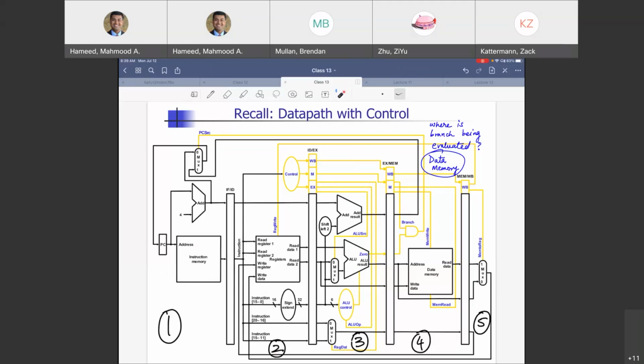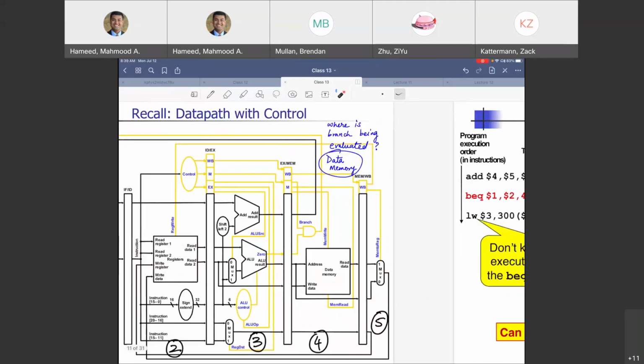Yeah, no operation. All right, it'll come back to me.